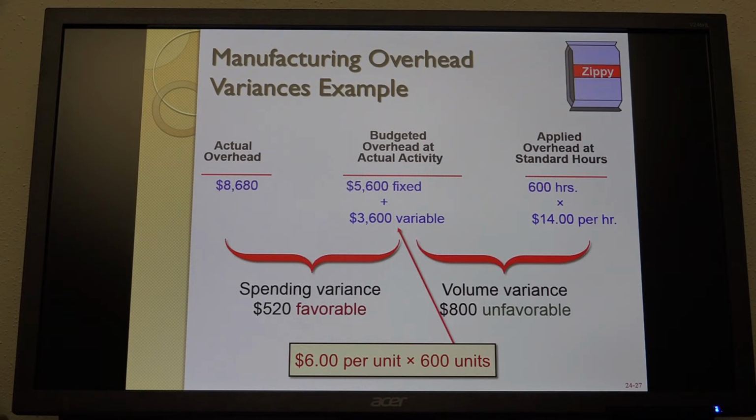Then over to the right, you're going to compare applied overhead at standard hours. That's the 600 hours times the $14 per hour, which is made up of both fixed and variable costs per unit.